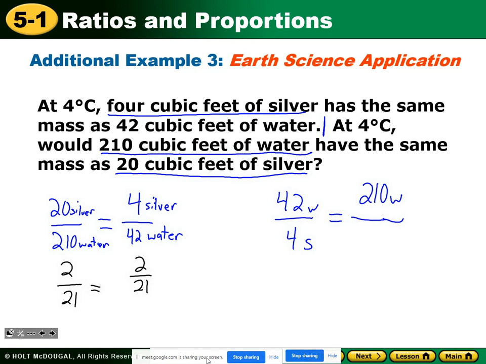Water was on top over here, right? So water's got to be on top over here. Good job. And then that means that 20 is going to go on bottom because the silver. When I cross multiply, I'm still multiplying the same numbers. When I reduce fractions, I'm still reducing. As long as we stay consistent in the way we set it up, it doesn't matter which way we do it, does it?